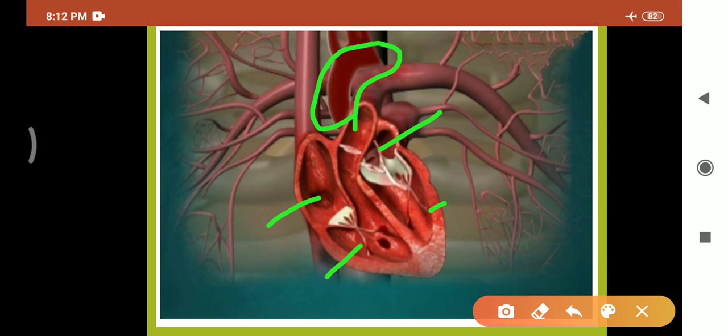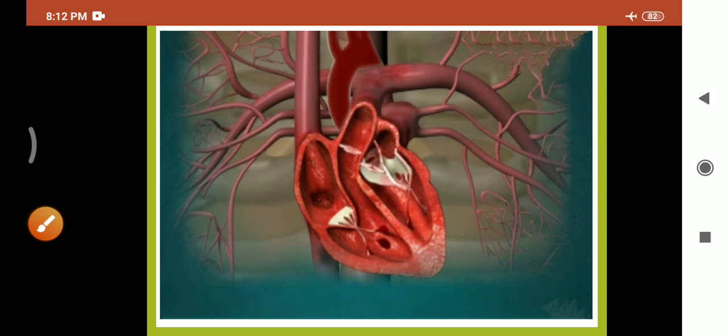So this oxygen-rich blood is supplied all over the body. I hope this concept is clear to all. So this is the way you can properly understand the function or conducting system of the heart.